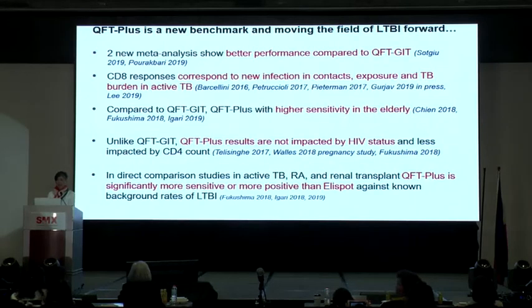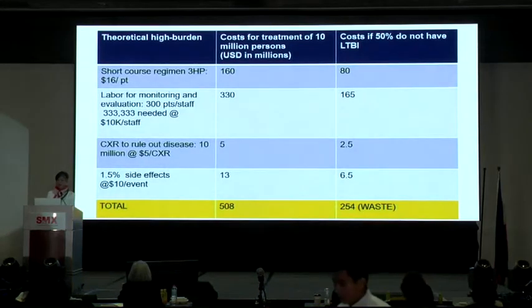And unlike QuantiFERON Gold In-Tube, QuantiFERON Plus is less impacted by HIV and low CD4 counts. And then finally, the comparison studies show that QuantiFERON Plus is significantly more sensitive or more positive than T-SPOT in LTBI.